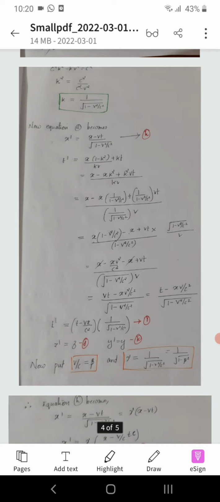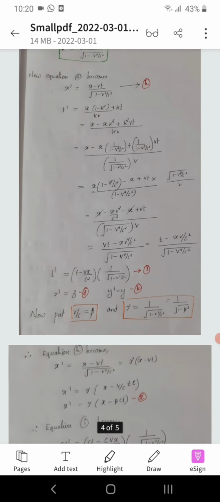Then x minus x into putting the value of k square as 1 by 1 minus v square by c square, plus again putting the value of k square into vt, by putting the value of k, that is 1 by root of 1 minus v square by c square into v.